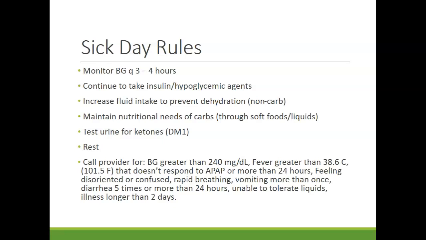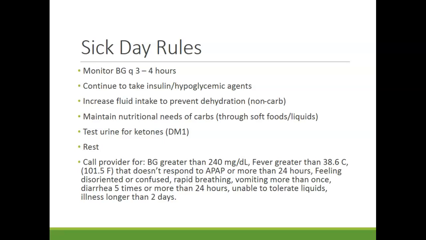So they need to watch their blood sugars every 3 to 4 hours, continue to take their insulin or hypoglycemic agents, and increase their fluid intake to prevent dehydration, making sure that it's not full of sugar. Maintain nutritional needs through soft foods and liquids. Type 1 diabetics should test their urine for ketones to make sure that they're not putting themselves at risk for DKA, and rest.